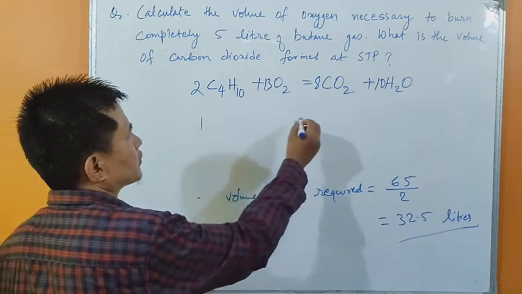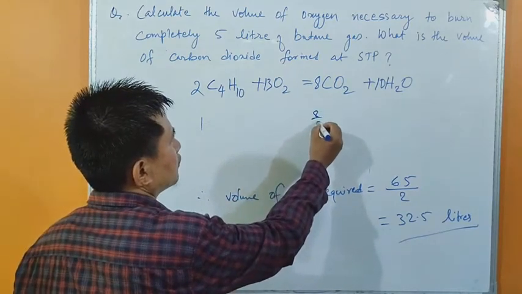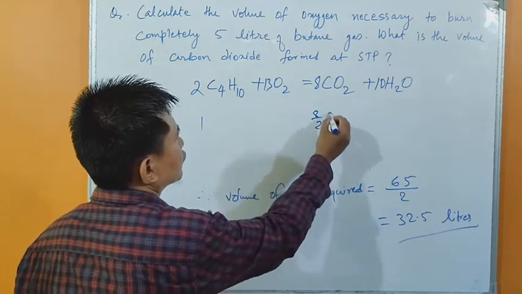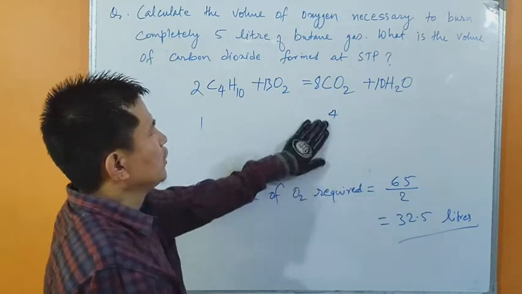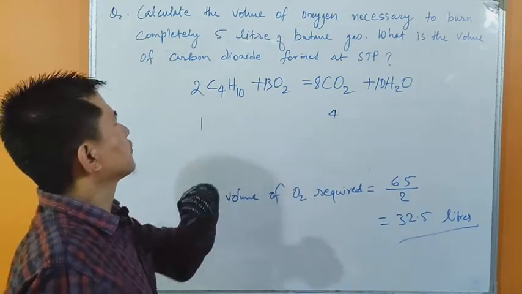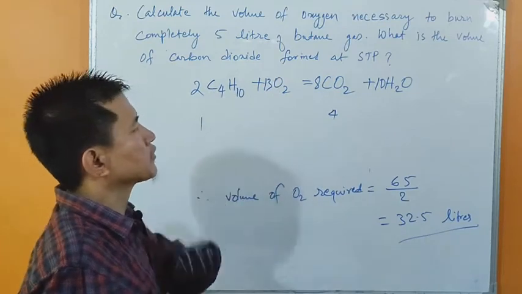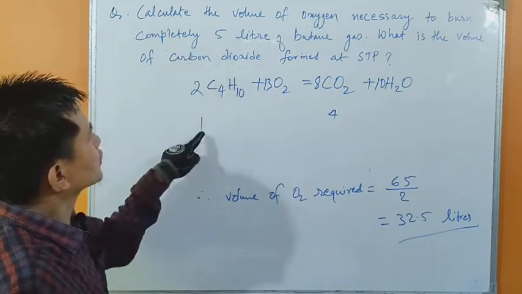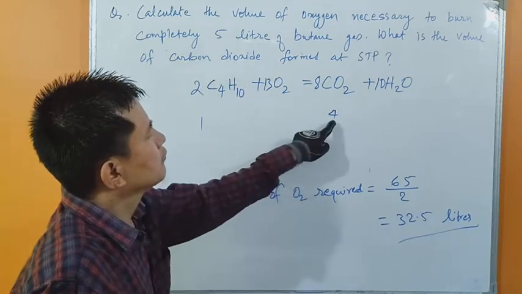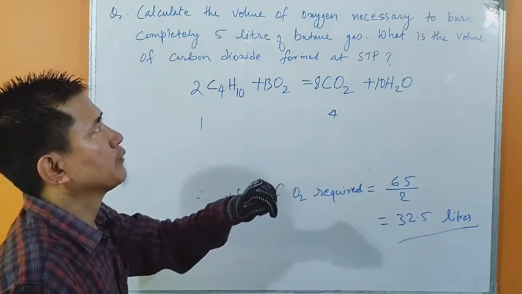So 1 volume produces 8 upon 2, that is 4. 1 volume of butane produces 4 volumes of carbon dioxide gas. So 5 liters of butane produces 5 into 4, 20 liters of carbon dioxide gas.